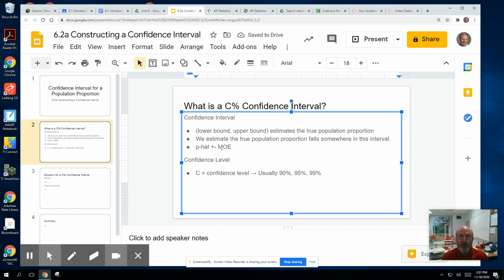So at the center of this confidence interval is always going to be a sample proportion p hat. And the lower bound is going to equal p hat minus the margin of error.